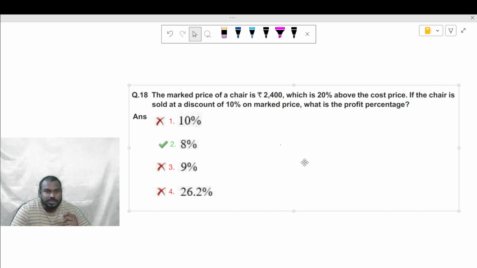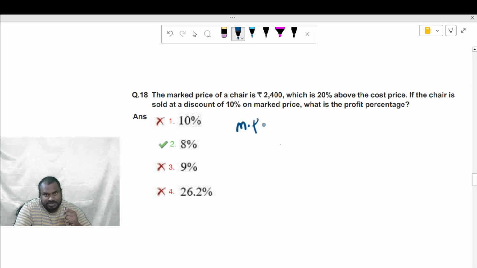Okay. Next, the market price of a chair is given as 2,400. In the exam, you should not write every step, just skip the explanations and only write the calculations on the paper. Here I am explaining, that's why I am writing.